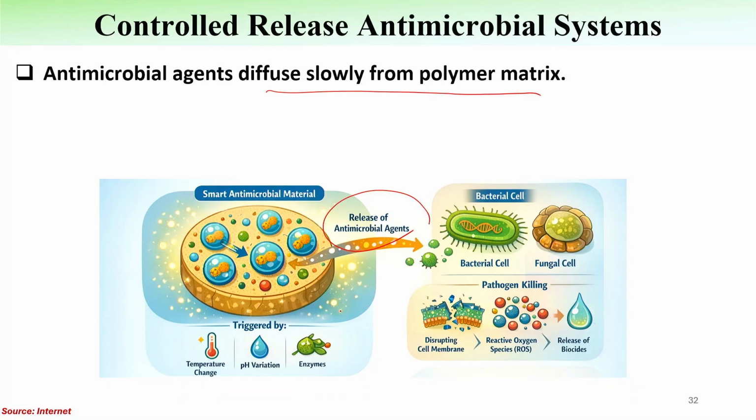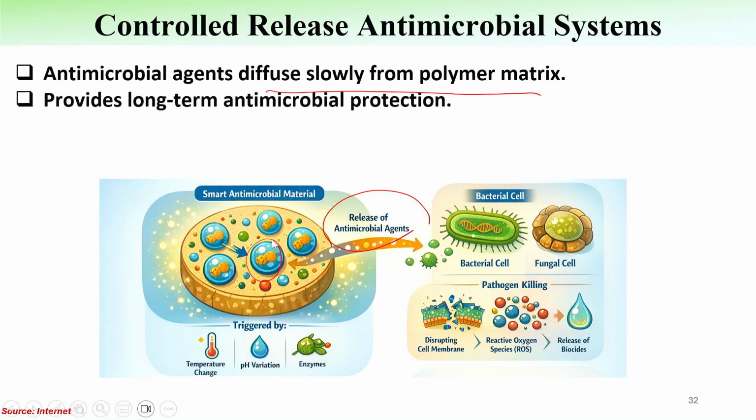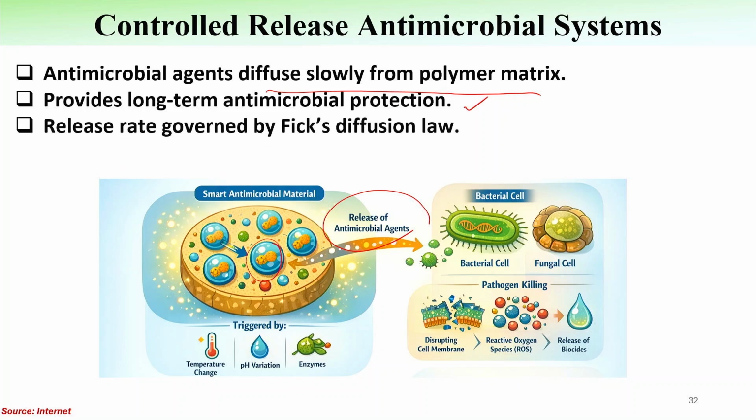Within the polymer matrix the antimicrobial agents are there, and they slowly get diffused, providing long term antimicrobial protection. This antimicrobial agent can be encapsulated, and then the capsule can be coated on the surface, and there will be controlled release from the capsule. This release is governed by Fick's diffusion law.